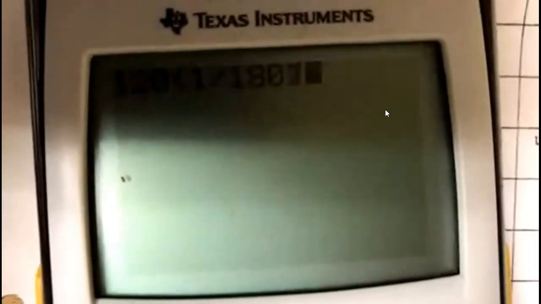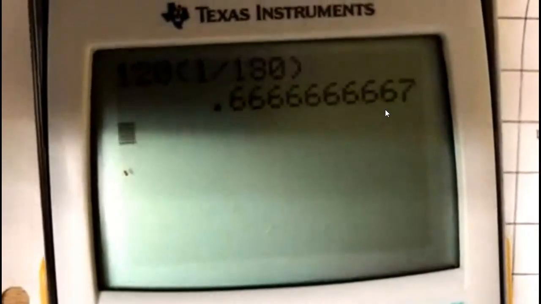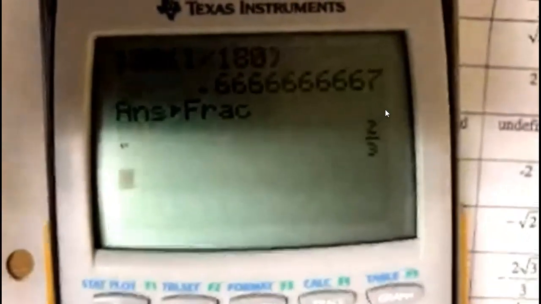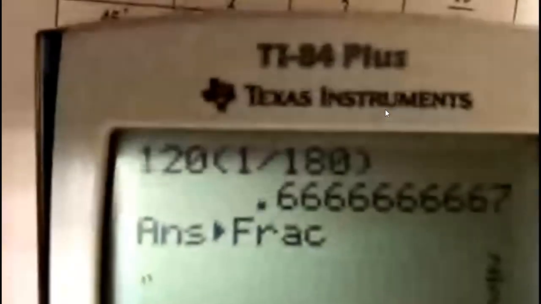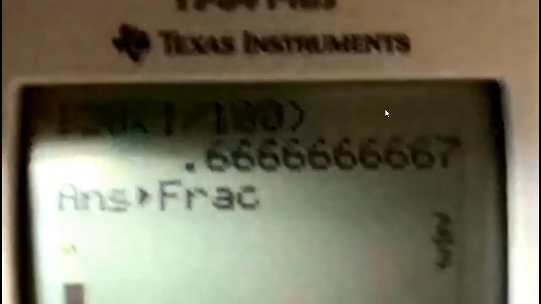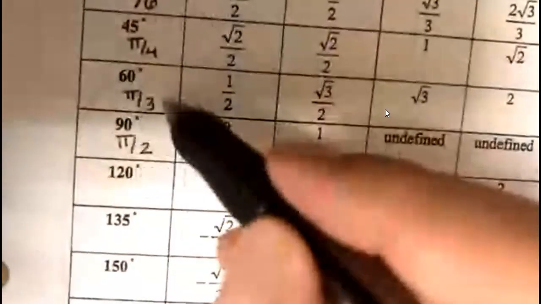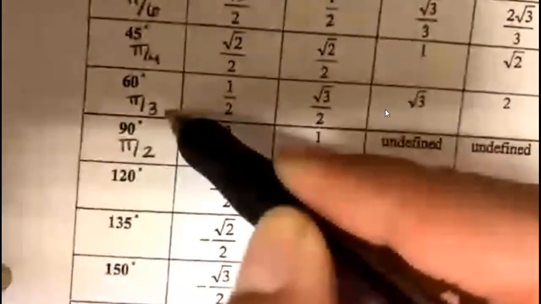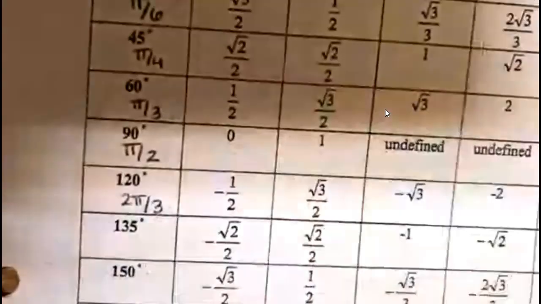So we're going to multiply it by 1 over 180 and get that in fraction form. And what we notice is 120 divided by 180 is 2/3. So again, that should make sense. 60 degrees is pi thirds, so 120 is 2 pi thirds.